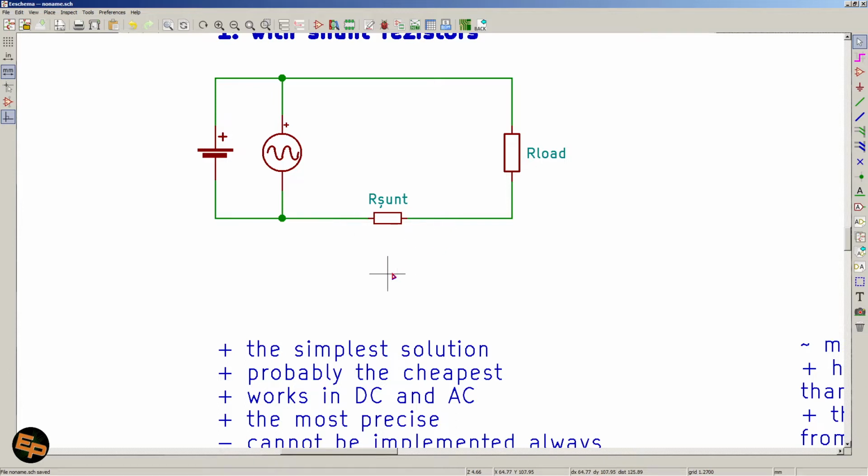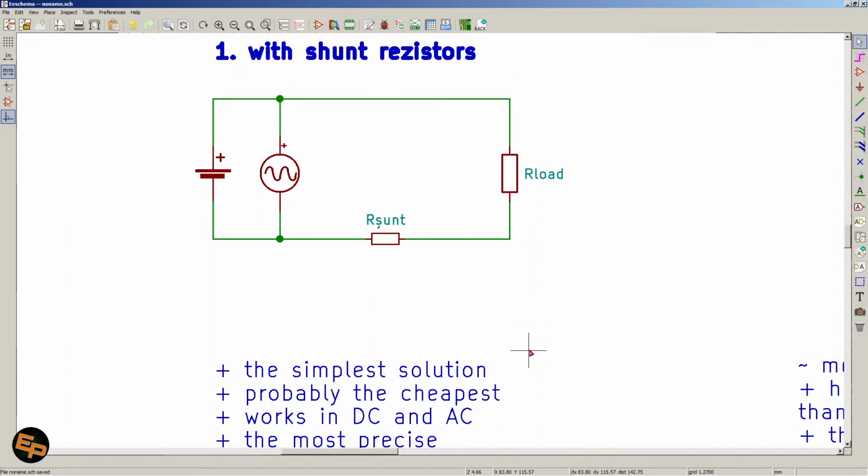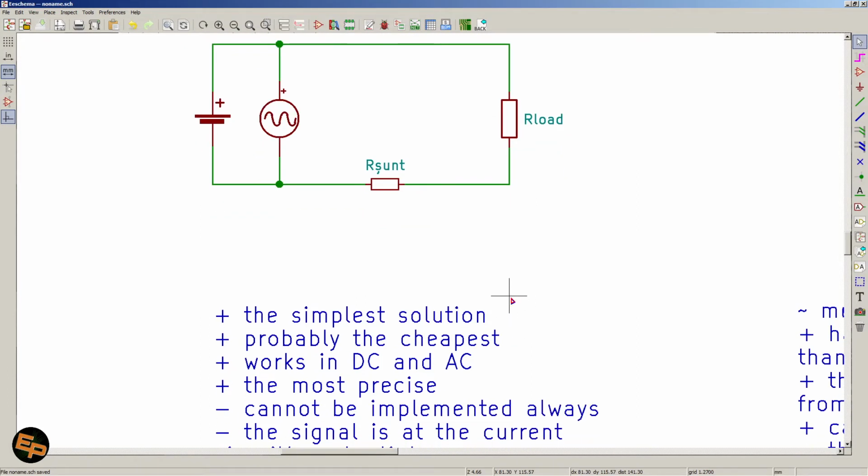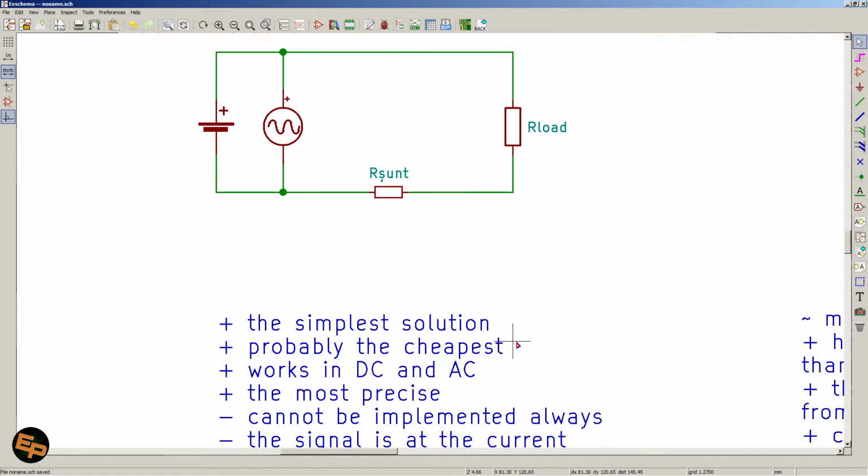The higher the current grows, the higher the voltage grows on the resistor, and vice versa. Basically the voltage across it tracks the current very, very well, so you probably don't get a better precision than that. However, it does come with a few disadvantages, and that is, well, it cannot always be implemented.